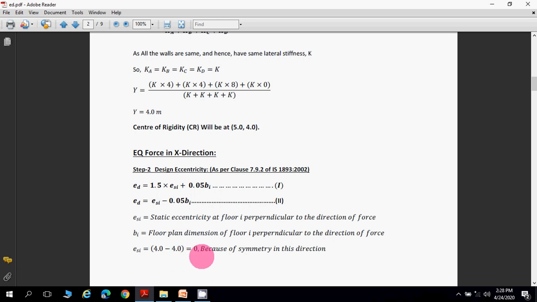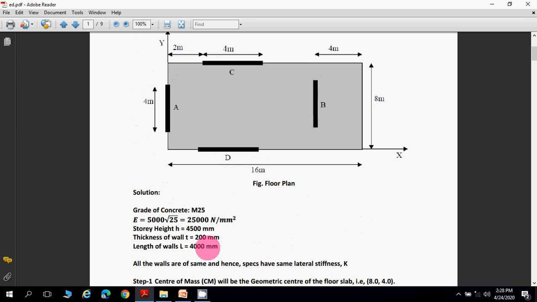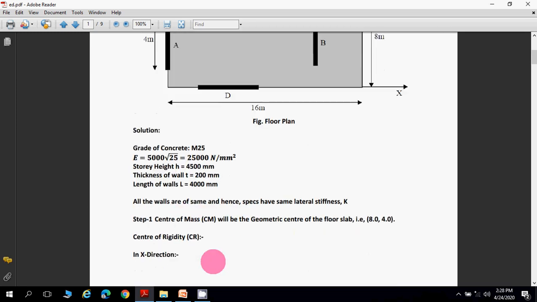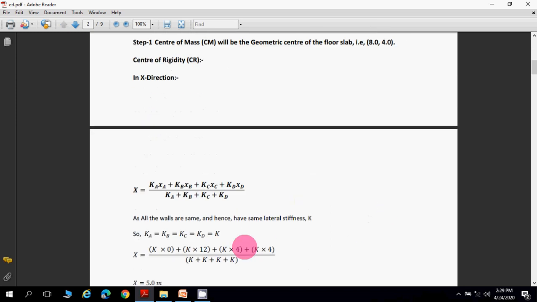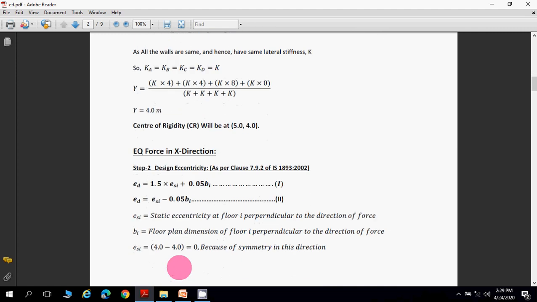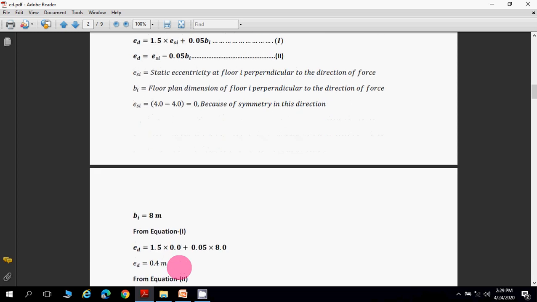So esi will be equal to 0 because of symmetry in this direction, as can be seen here. The eccentricity in the y direction is 0, and bi, the plan dimension perpendicular to the force, in the y direction perpendicular to the x direction, is equal to 8 meter.